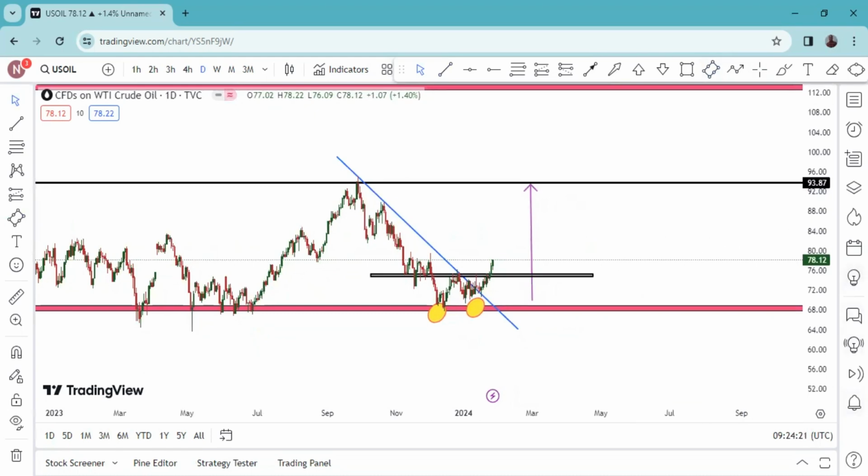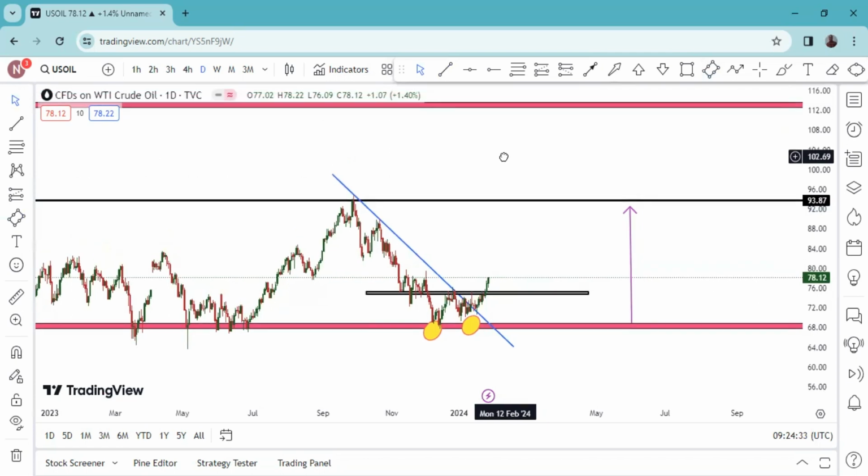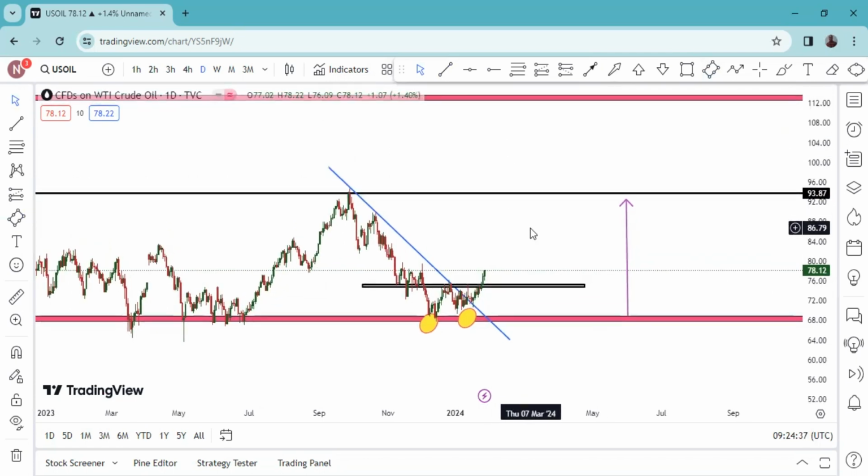Now we are expecting one thing only, the pullback. So you can see my almost three confluences are complete. Now we are expecting the last confluence, and the last confluence is the pullback to this zone.